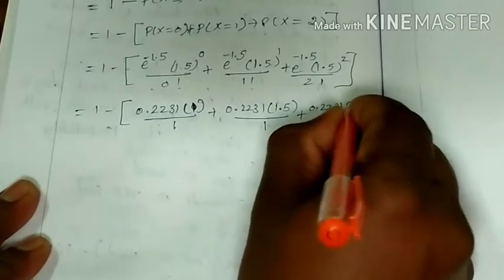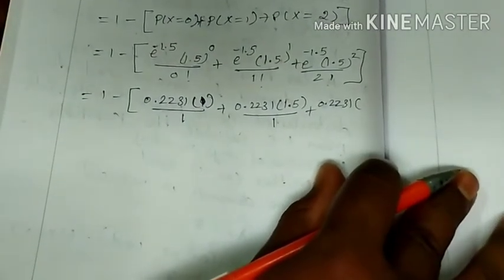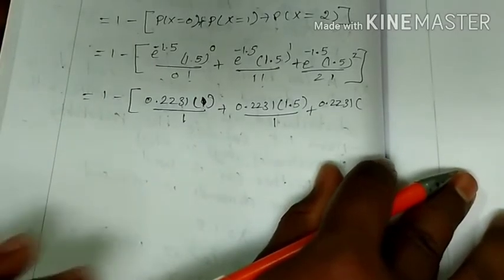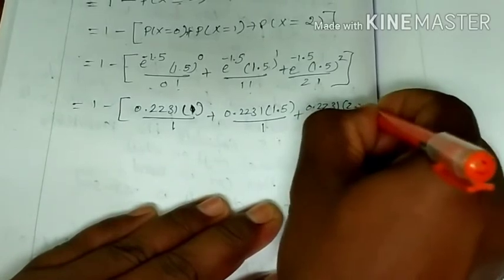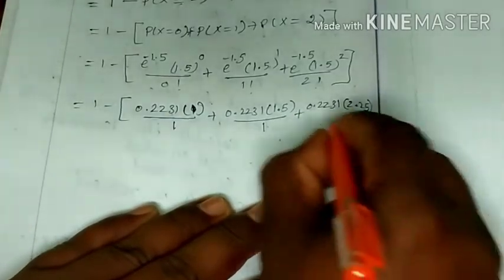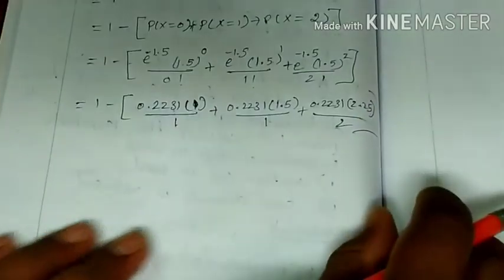Then 1.5 power 1 means the same value, divided by 1 factorial is 1, plus 0.2231 and 1.5 power 2. 1.5 power 2 is equal to 2.25. The whole divided by 2 factorial is 2. That's all the answer.